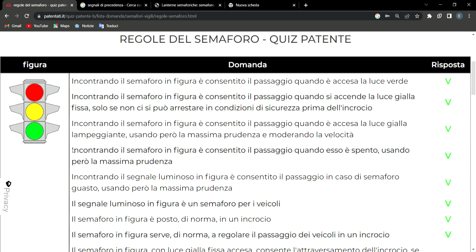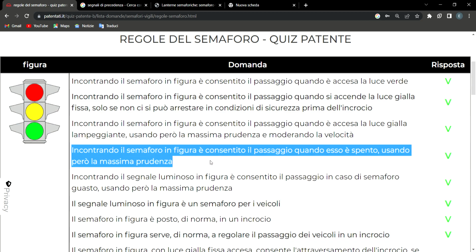It is simply saying that in a junction that has the traffic light, in a situation whereby none of the traffic light is working, maybe the traffic light has a fault, all you need to do is apply your maximum attention, watch very well. So if the junction is free, you can transit. So this is the reason why this one is vero as well.